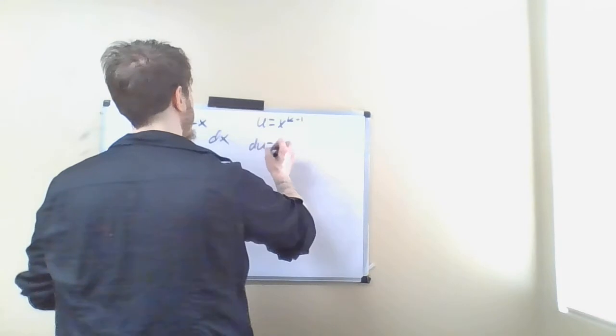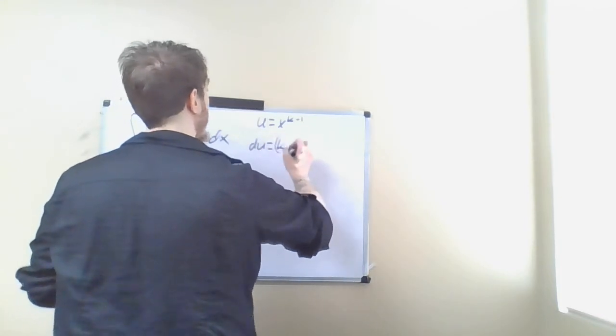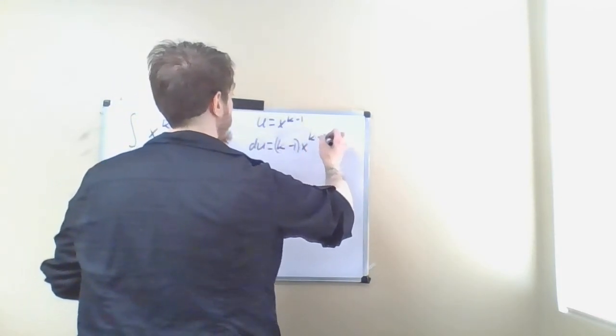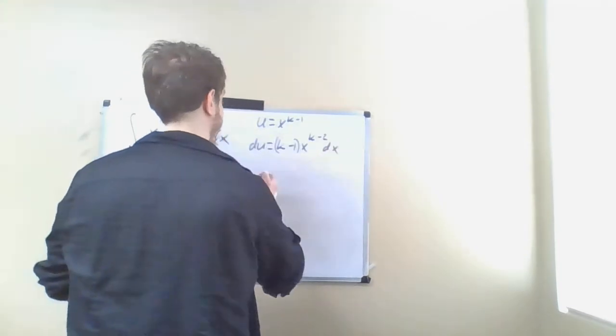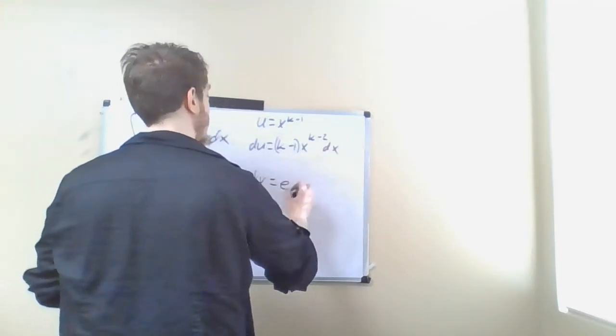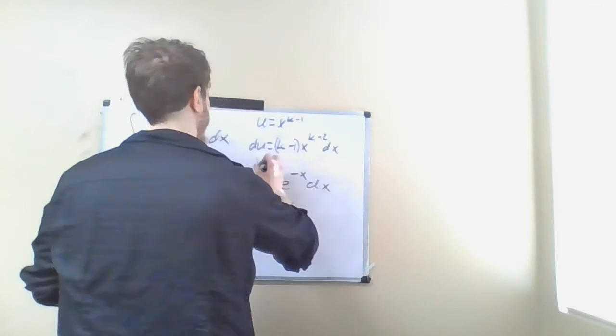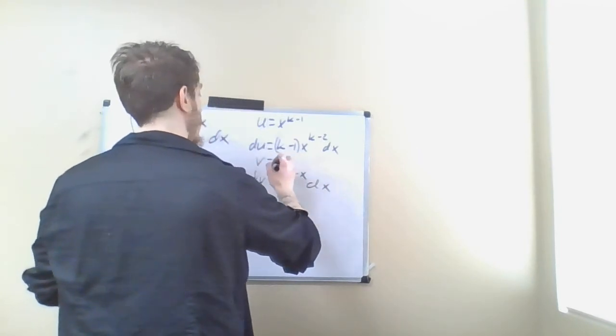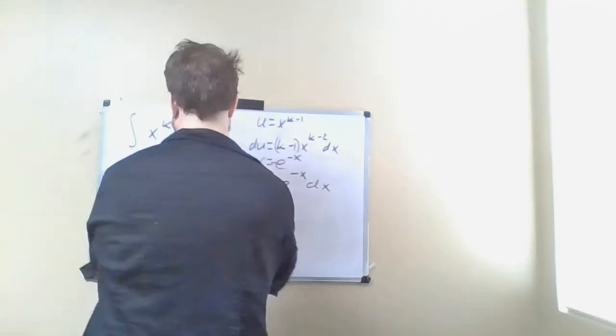That makes du equal to k minus 1 x to the k minus 2 dx. If I then take my dv to be e to the minus x dx, that makes v into negative e to the minus x.